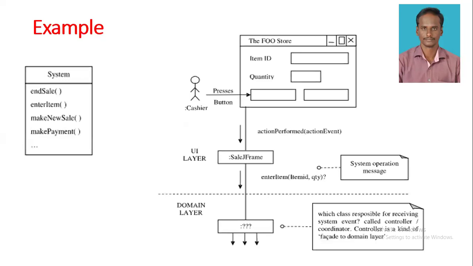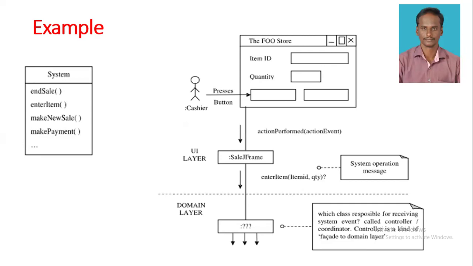He wants the quantity to be 4 and he presses the button. Automatically, the action is performed in the UI layer, which is developed with Java. So the JFrame is going to enter the domain layer. It gives the system operation message that he has entered the item with the item ID and quantity.